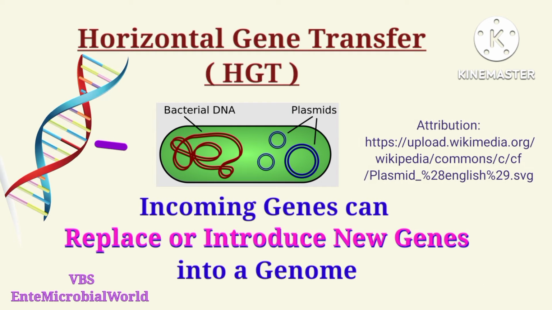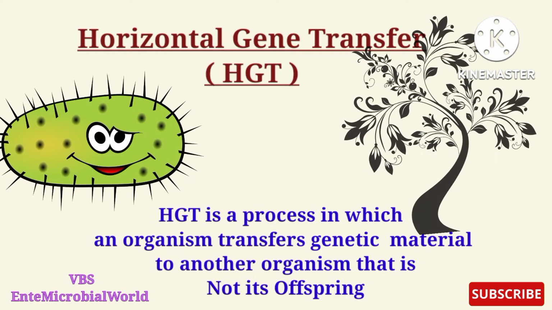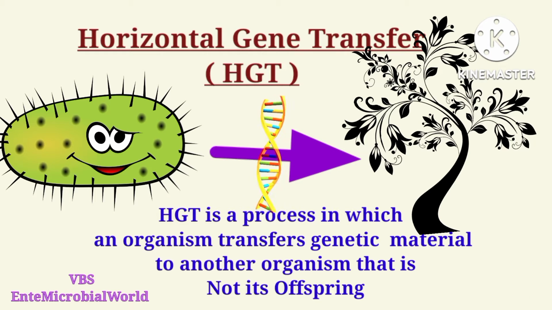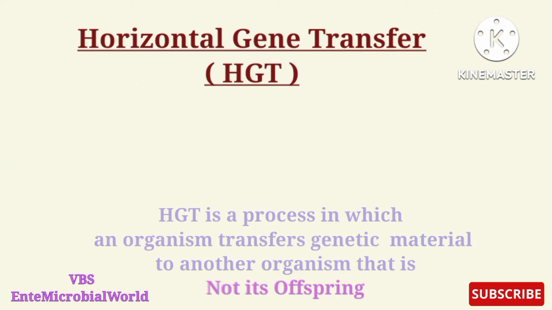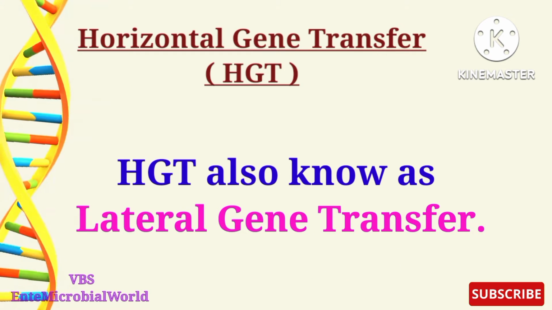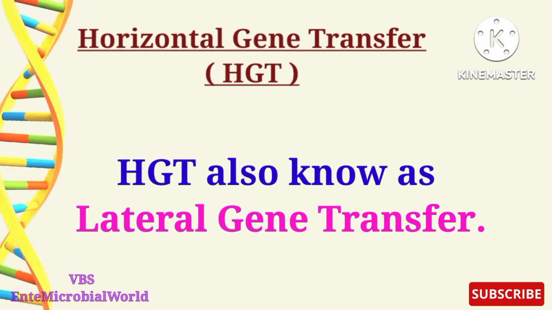Incoming genes can replace or introduce new genes into a genome. That is, horizontal gene transfer is a process in which an organism transfers genetic material to another organism that is not its offspring. Horizontal gene transfer is also known as lateral gene transfer.